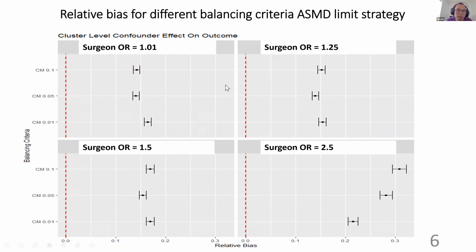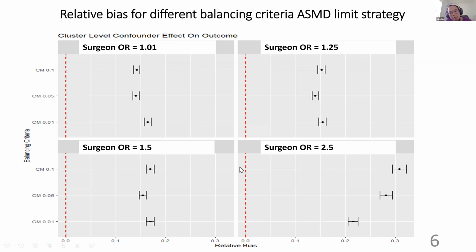So the main takeaway from these graphs, I would say, is that using a limit of 0.1 or 0.05 gives you quite similar results for surgeon odds ratio on outcome scenarios of 1.5 or less. And having a tighter limit like 0.01 as your balancing criteria limit doesn't really improve the relative bias for a surgeon odds ratio of 1.5 or less.